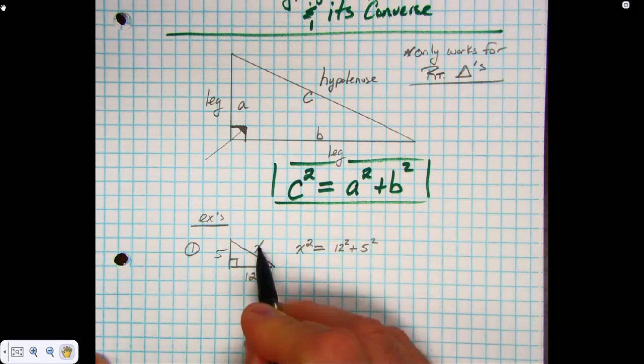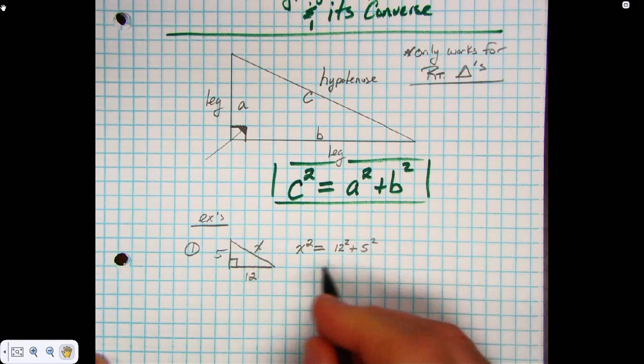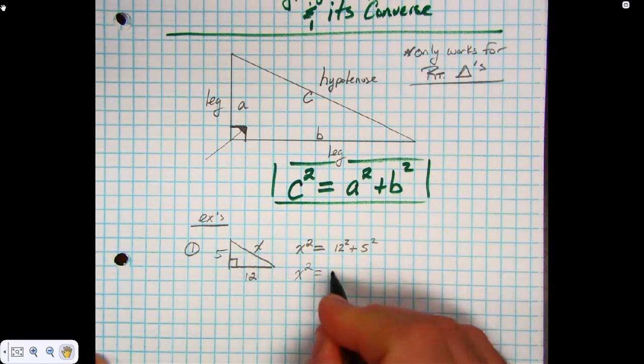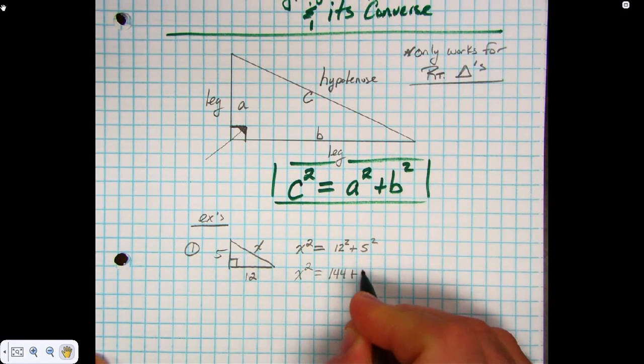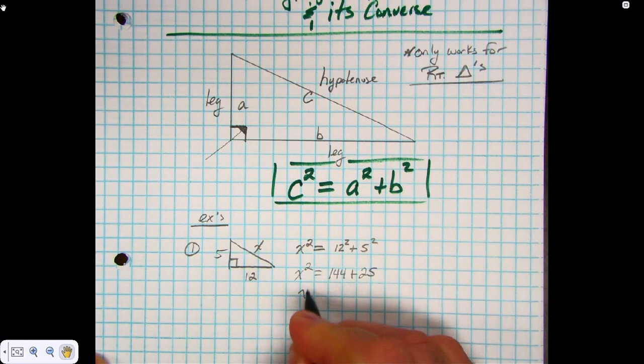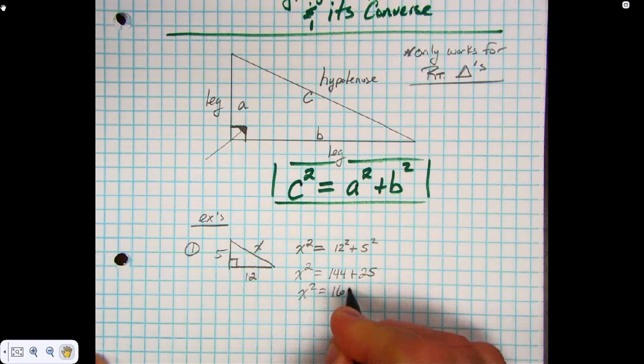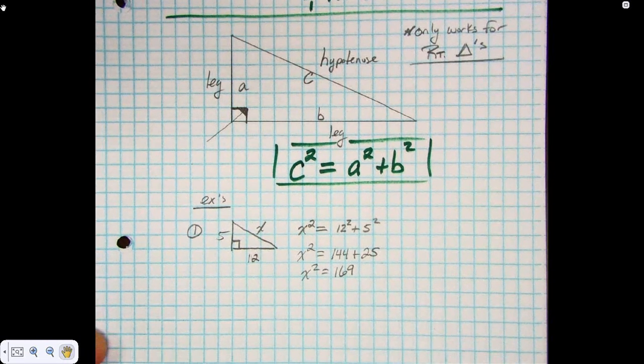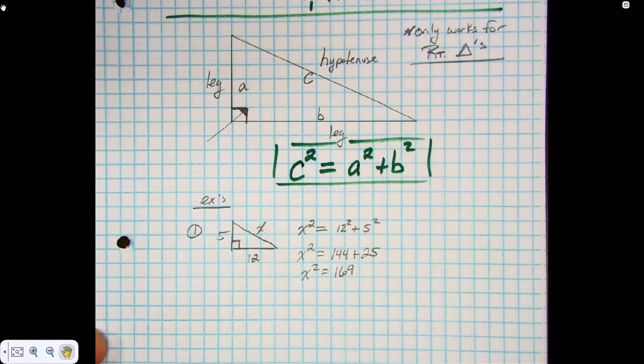Isn't it easy enough? Now, to solve this, what am I going to do? X squared is equal to 144 plus what? So x squared is equal to what? Now, have you found x yet? Why not? I found what x squared is equal to, but I don't want that.